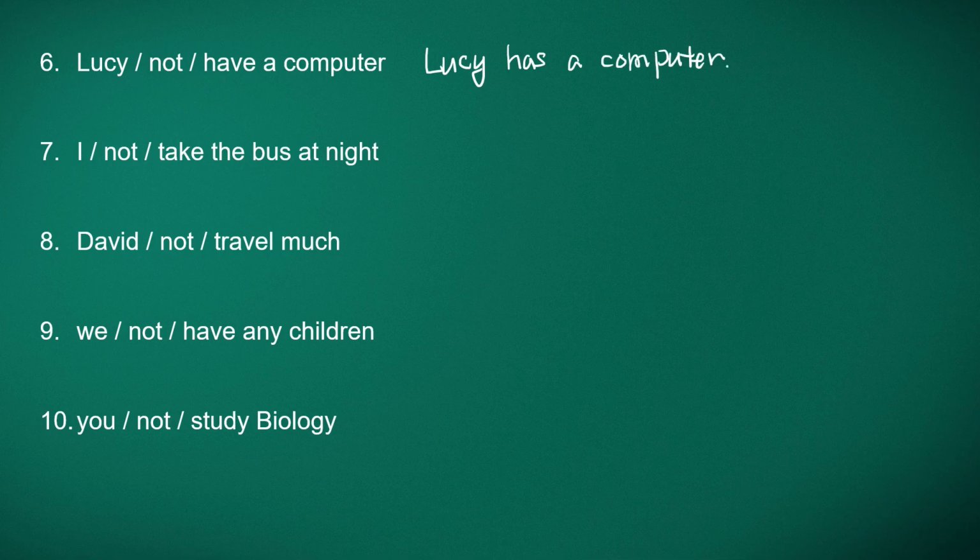And then the third person singular negative is Lucy does not. And this has becomes have because we have does here. Lucy does not have a computer.